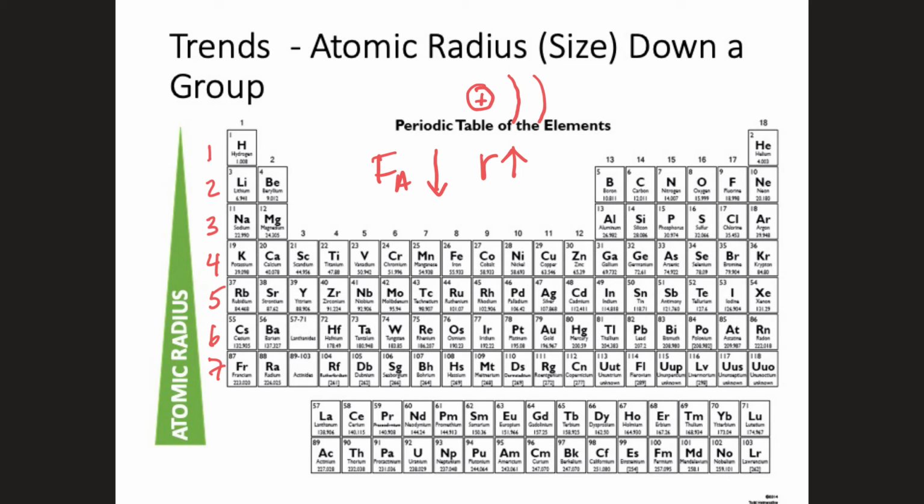And every time we add a new ring, the valence electrons in that ring get further and further away, right? Valence electrons are in what energy level? Well, they're in the energy level of what period we're in. And as we go down, aren't we increasing the number of periods? Here's period 1, which means we have 1 energy level.